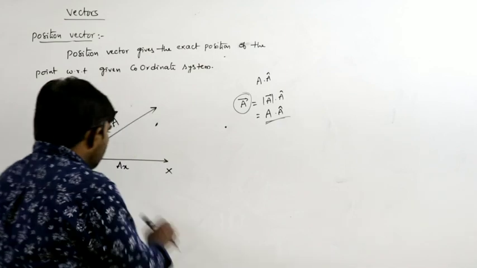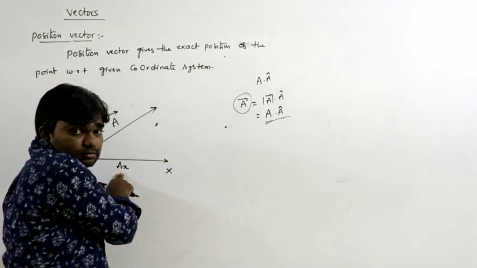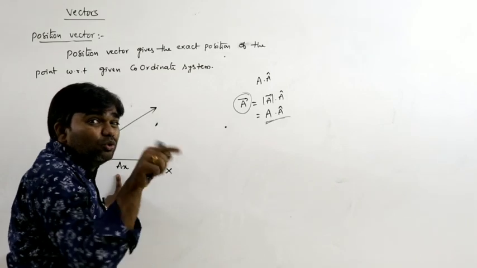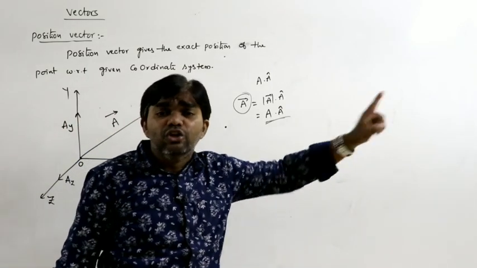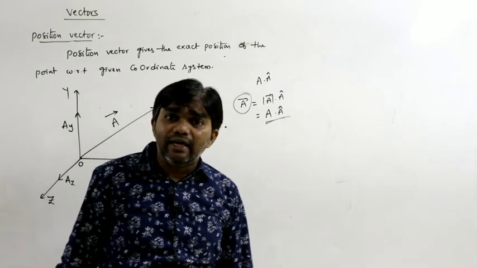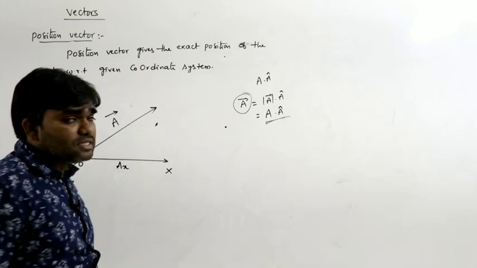In the same way, here AX is the magnitude. What is the direction? The unit vector. What is the unit vector along the x axis? We already discussed: the unit vector along the x axis is i cap, along the y axis is j cap, and along the z axis is k cap.